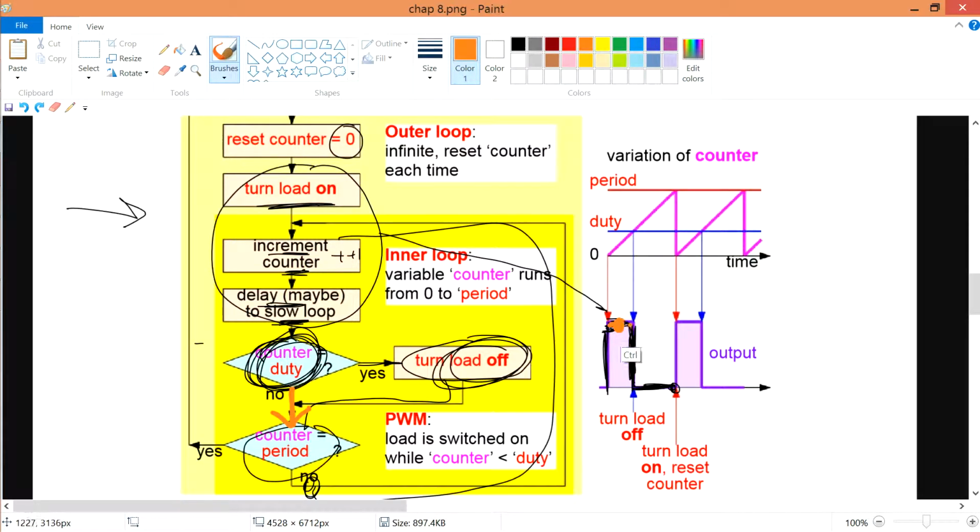Okay, so over here it says that if you are halfway, for example, you haven't reached your duty counter yet, and if it's no, because you haven't reached yet, so you go to the period. And do you reach your period yet? Because your period over here is this, this is your period counter. When you reach here, then your counter will say yes, then you restart. So over here it says no, alright, so no, you actually loop back.